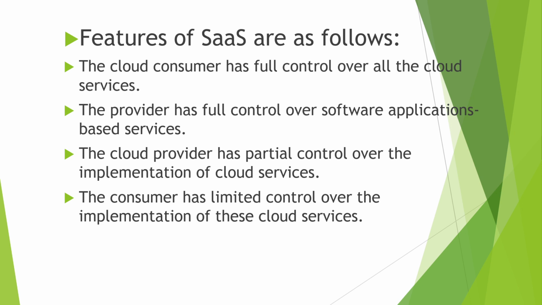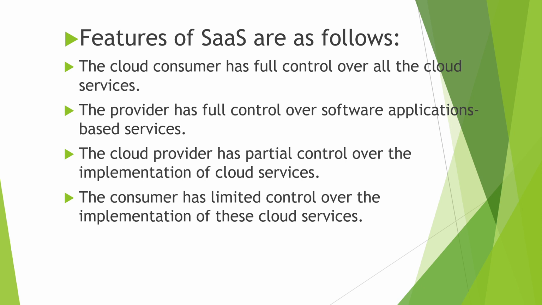Software as a service has become a popular model for delivering business applications such as customer relationship management, enterprise resource planning, and project management software. Some examples of well-known software as a service providers include Salesforce, Microsoft Office 365, and Google Workspace.